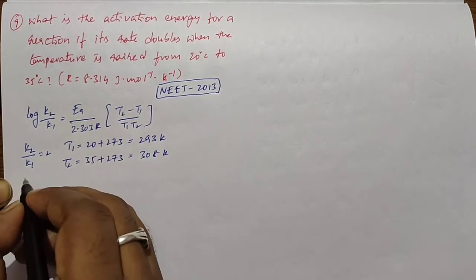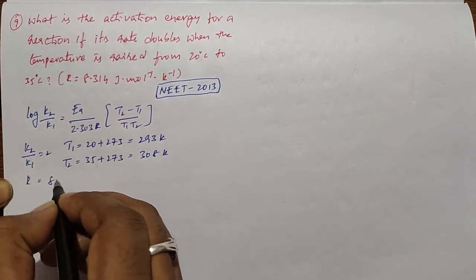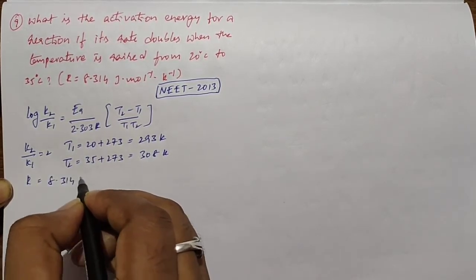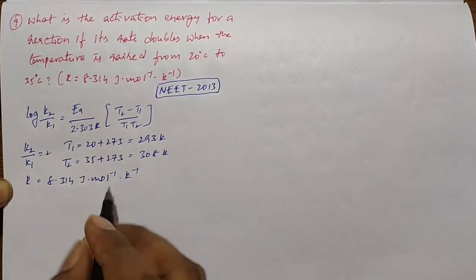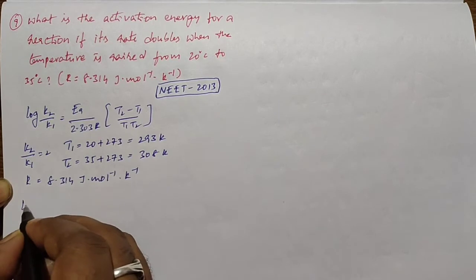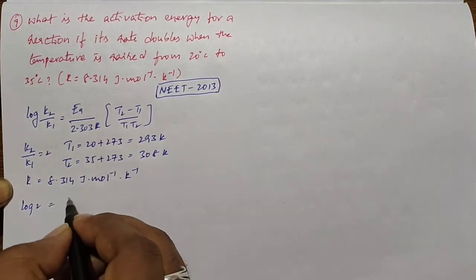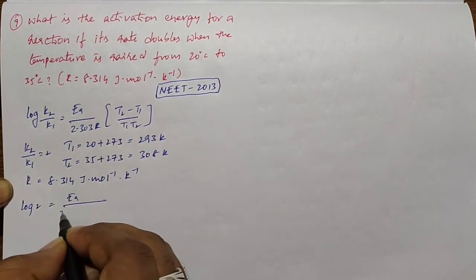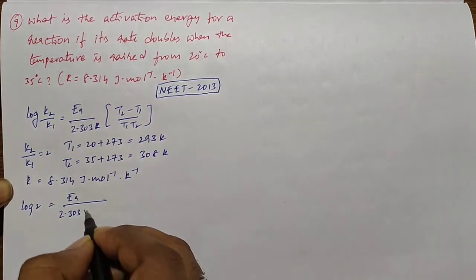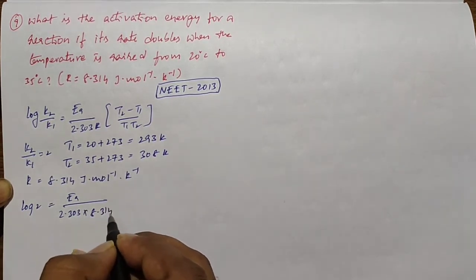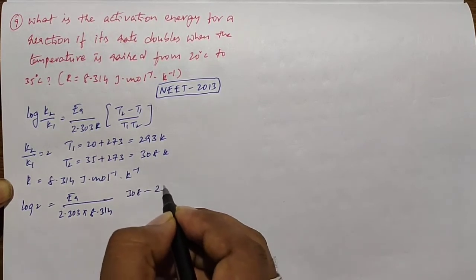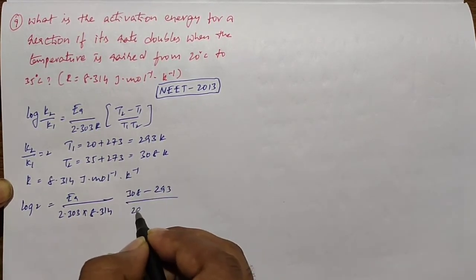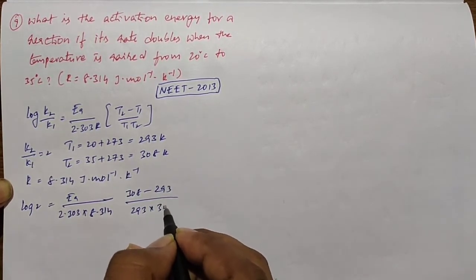And R is equal to 8.314 joules per mole per kelvin. Now substitute all values in the given formula. So log of 2 is equal to Ea by 2.303 into 8.314 into 308 minus 293 by 293 into 308.